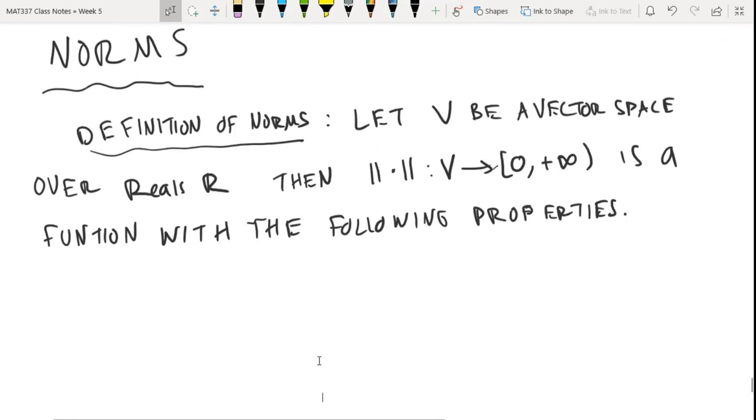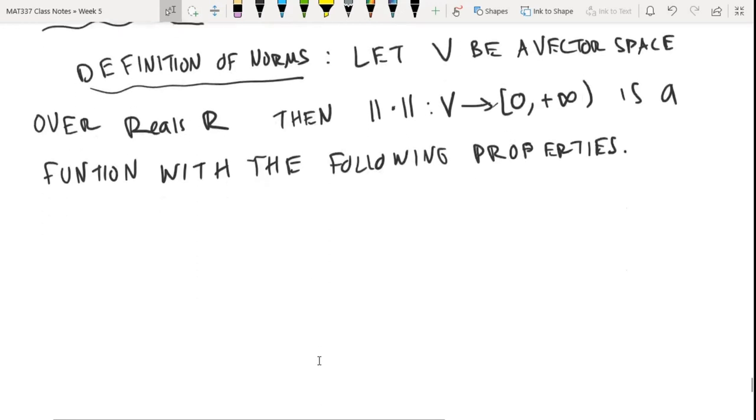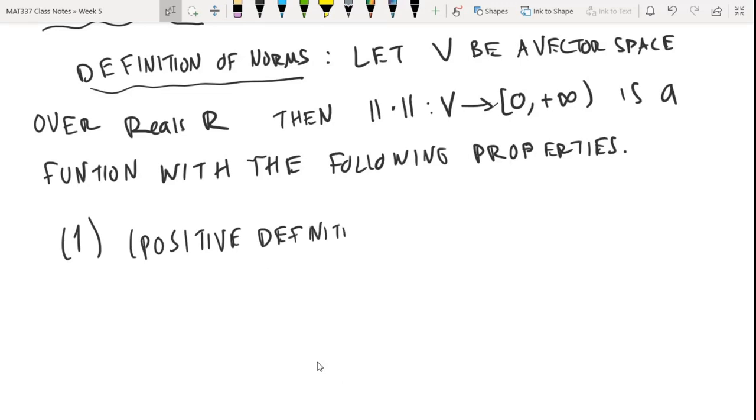Okay, let's see. So the first one is positive definite. That means that the norm of x is 0 if and only if x is in fact the 0 element.